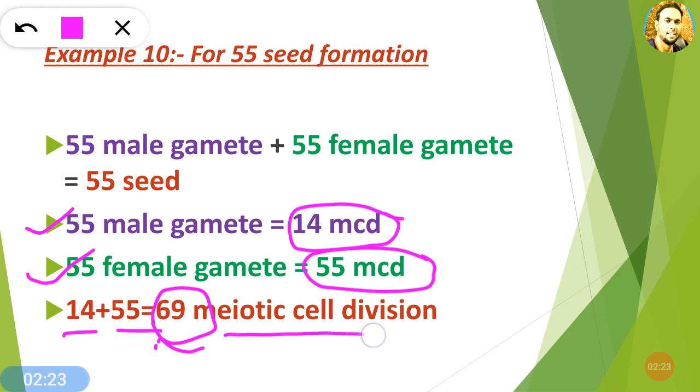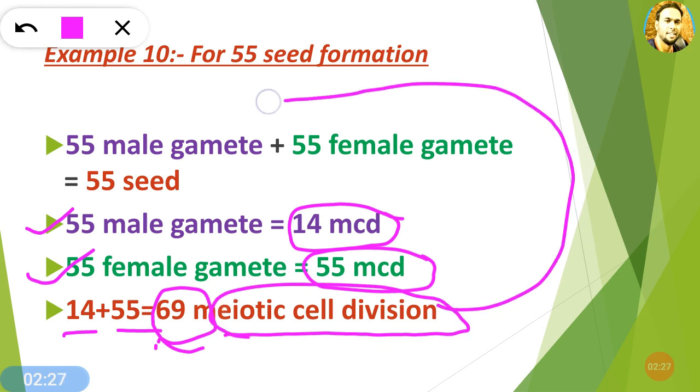So 69 meiotic cell divisions are needed for the formation of these 55 seeds. This is the process and the way by which the requirement of meiotic cell divisions is worked out for the production of a particular number of seeds. So the result is that 55 seeds can be produced by 69 meiotic cell divisions.